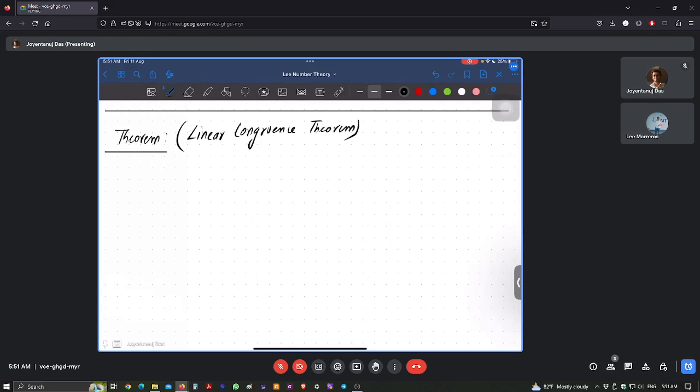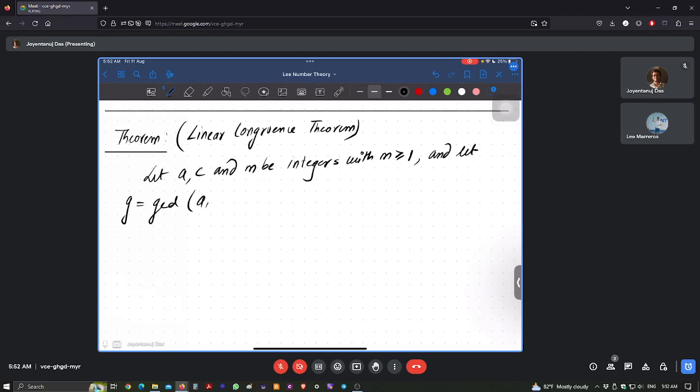Let a, c and m be integers with m greater than or equal to 1, and let g be the GCD of a and m.